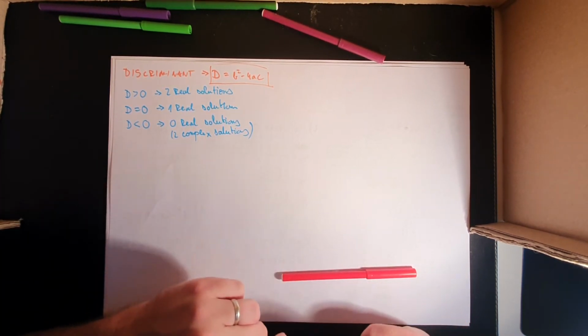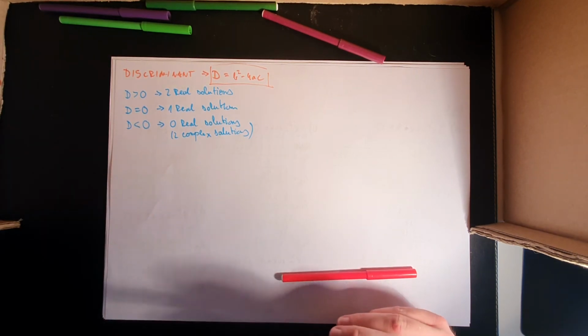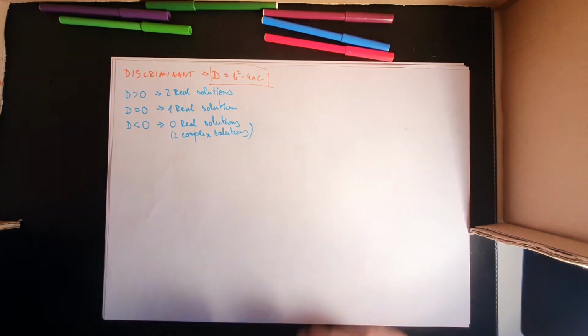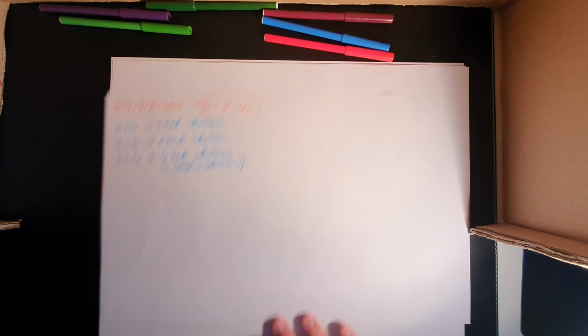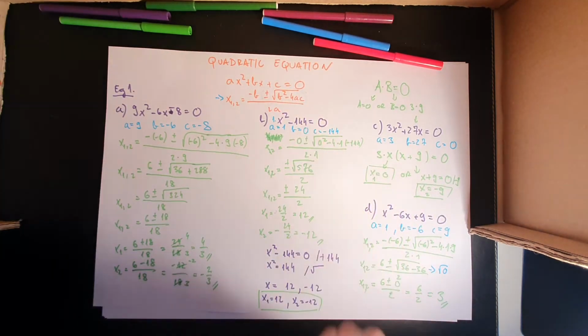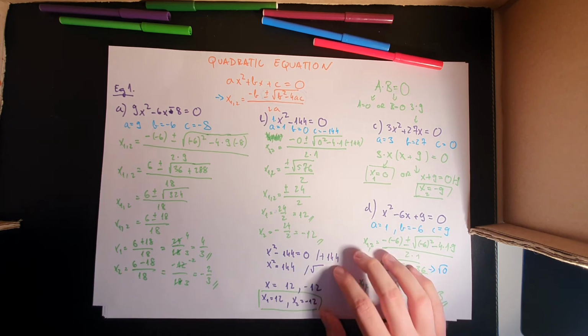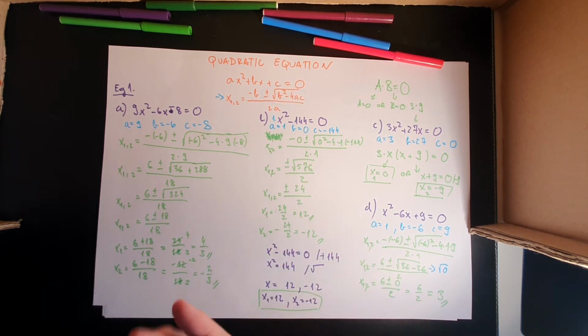Now, the tasks that use the discriminant method is the task where you basically got the question, how many solutions does an equation have? Of course, you can logically think, well, I can use a calculator, or use the method like before to find the solutions themselves, and then just see if there are 2 of them, 1 of them, or no real solutions.